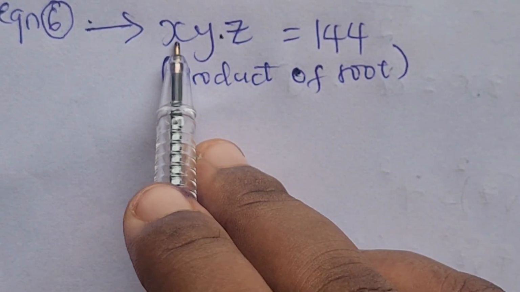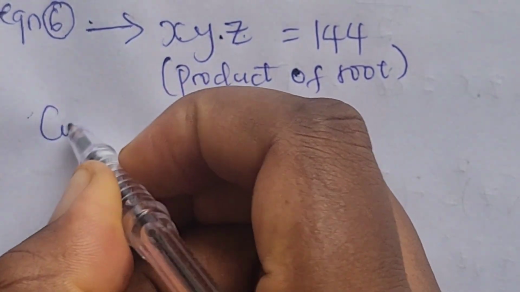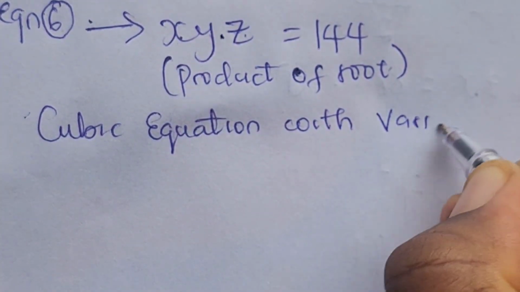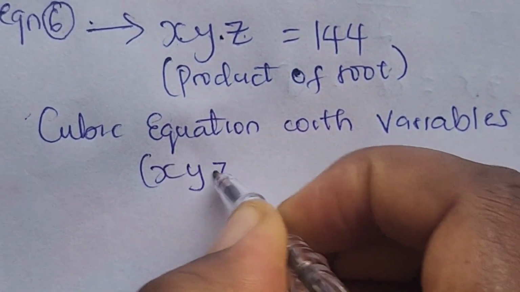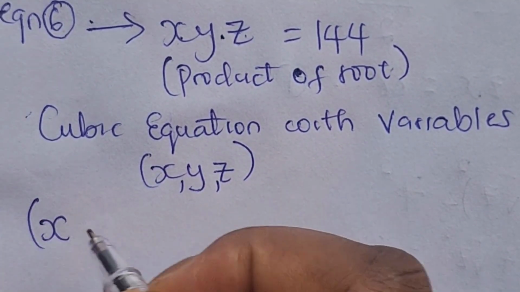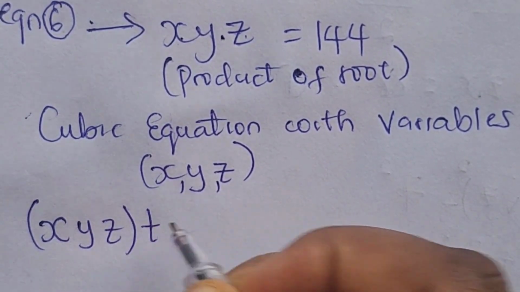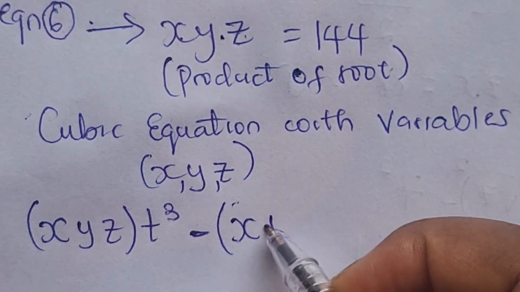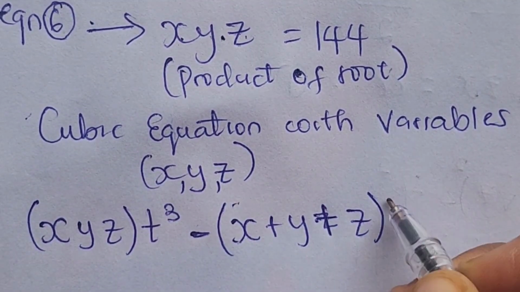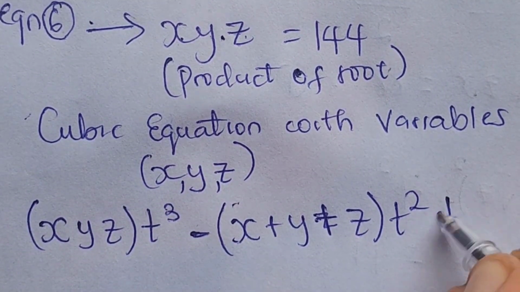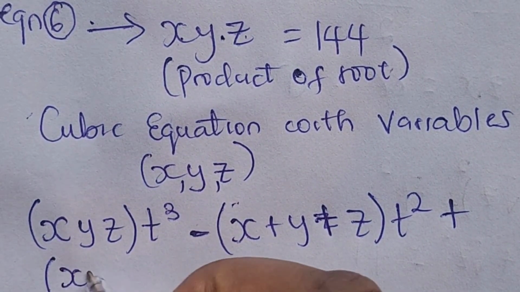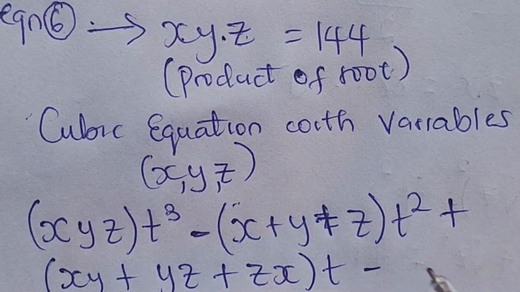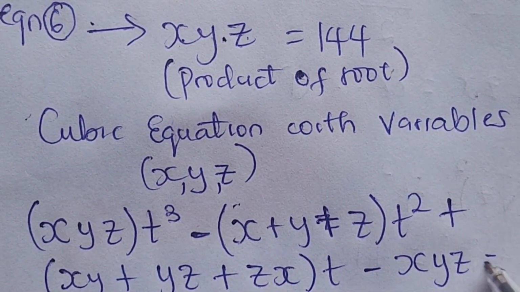Now we'll be applying these 3 equations. We're taking the cubic equation whose roots are x, y, and z, where we have t cubed minus the sum of roots, x plus y plus z, times t squared, plus the sum of roots taking 2 at a time, xy plus yz plus zx, times t, minus the product of roots, all equal to 0.